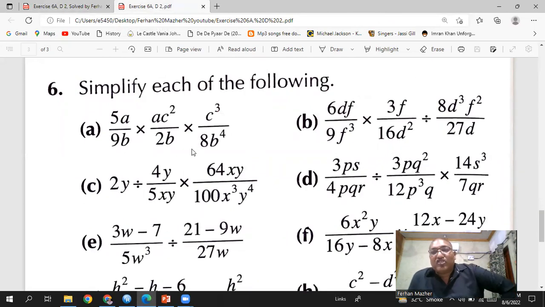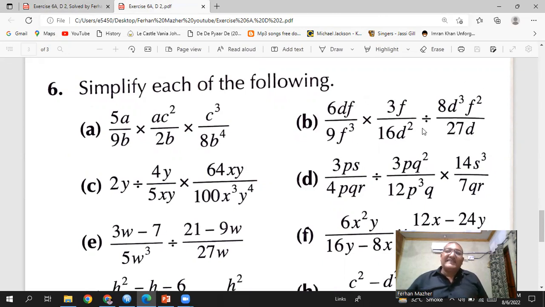The next question is question number 6, the B part. It says 6df divided by 9f cubed, multiplied by 3f divided by 16d squared. Then we have a divide sign here, and then we have 8d cubed f squared divided by 27d.